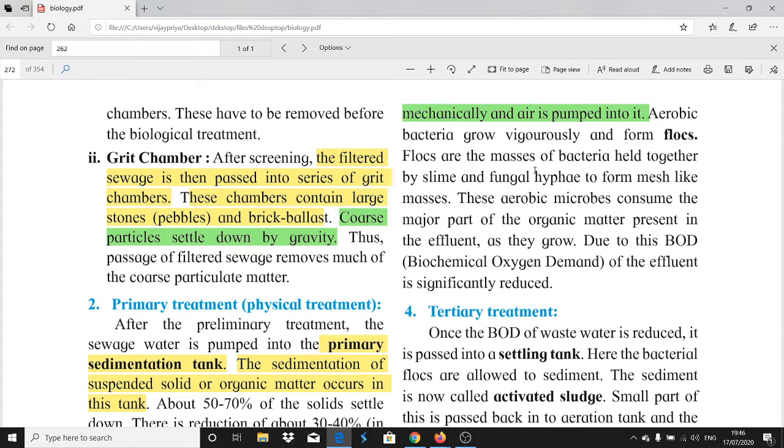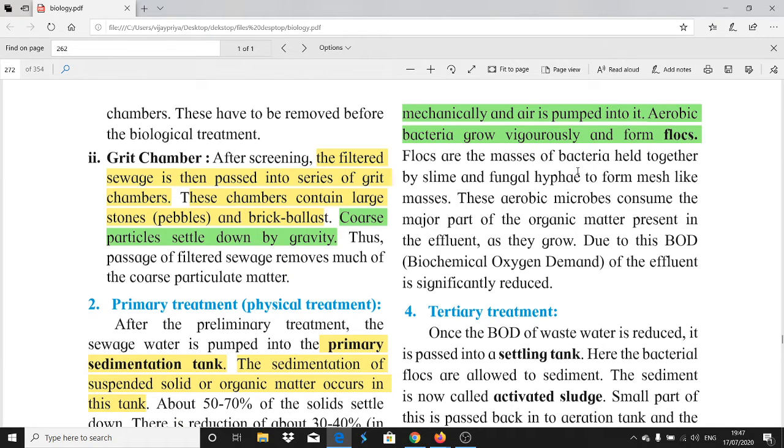And because of the continuous movement and continuous air pumped inside this tank, the environment is more favorable for aerobic bacterial growth.